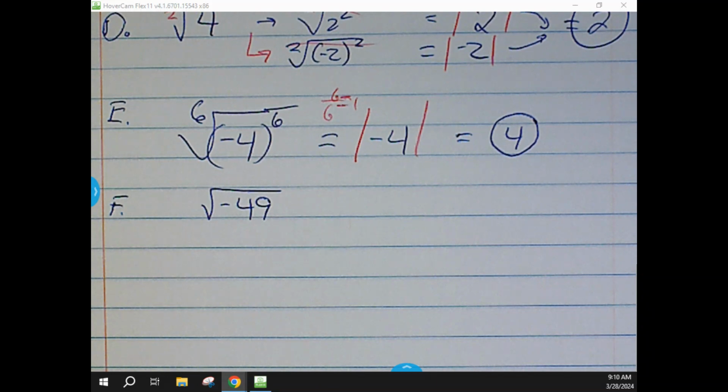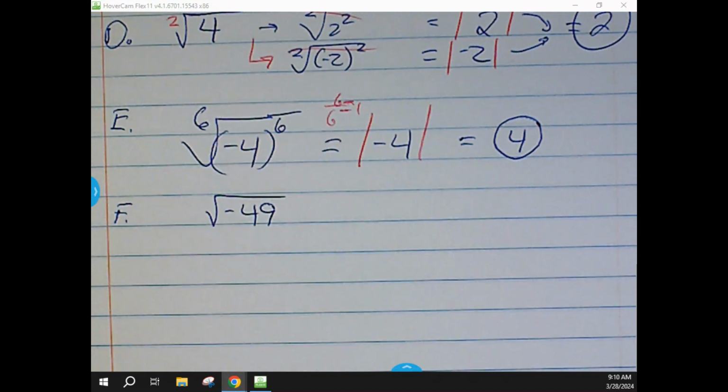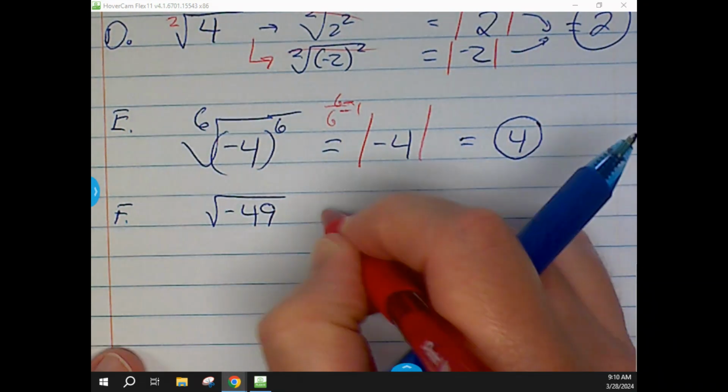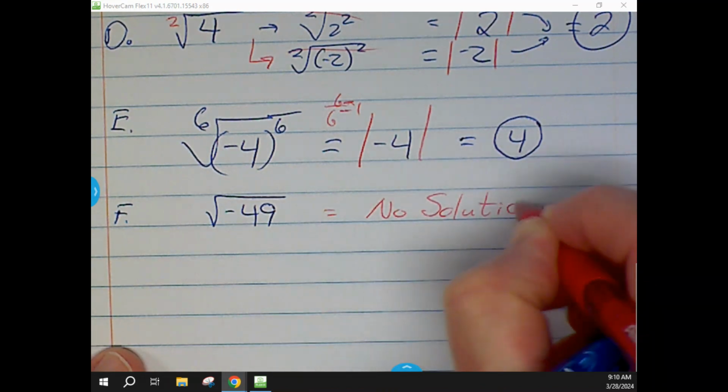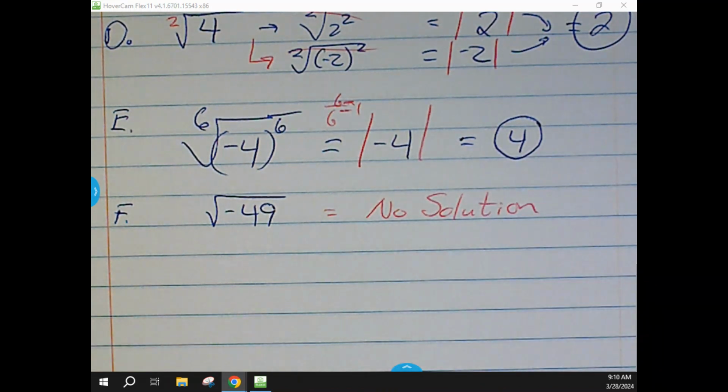Anybody remember? Scott's saying, yeah, you cannot do that, right? That's one where you get no solution. And again, we could do it with imaginary numbers, but we're not doing anything imaginary. Everything has to be a real number answer.